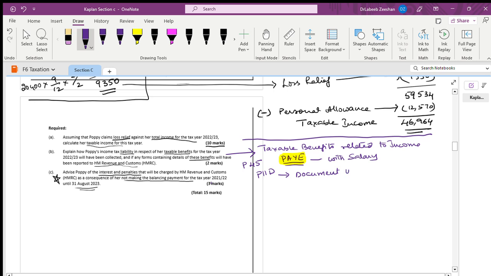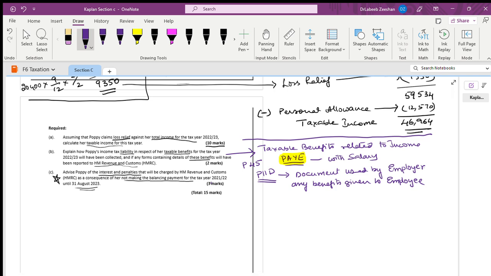It is a document used by the employer for any benefits given to directors, employees, managers, any level of management.